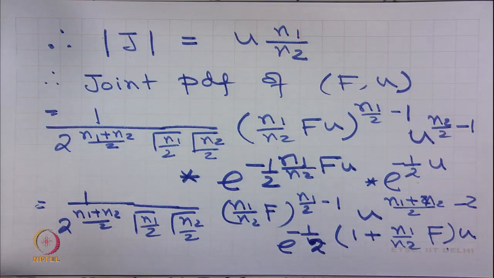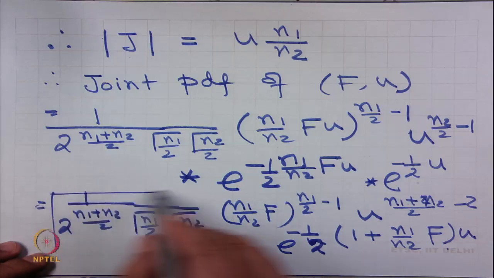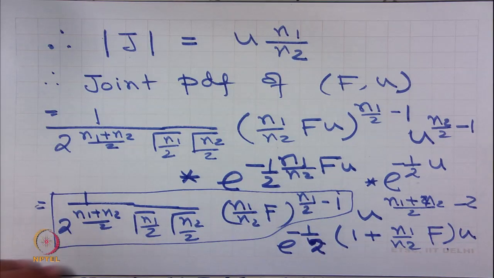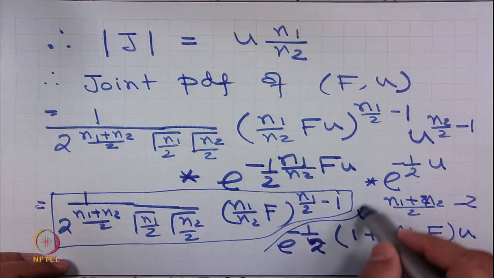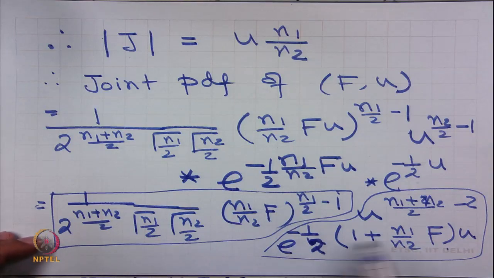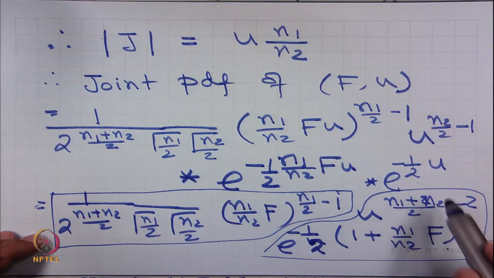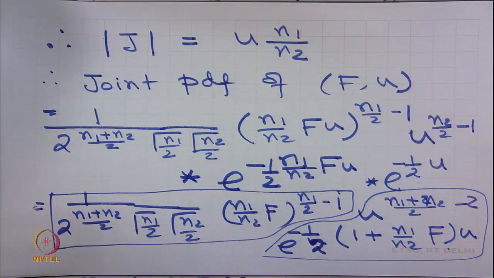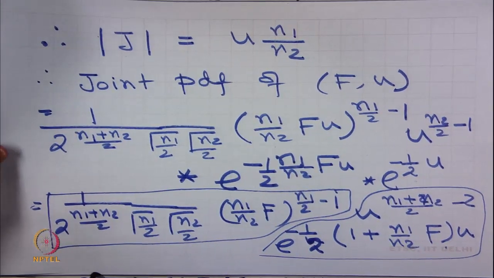Therefore, this part is independent of u, and if we look at this part, again it comes e to the power minus some positive constant times u into u to the power n1 plus n2 by 2 minus 2, which we can write in something minus 1 form.